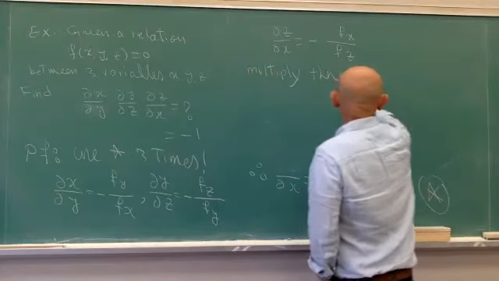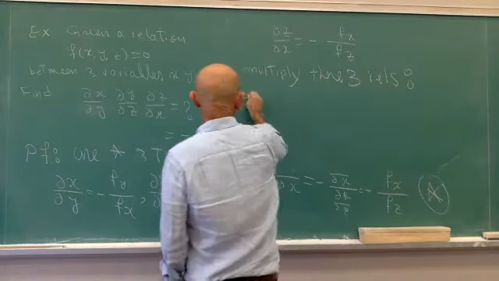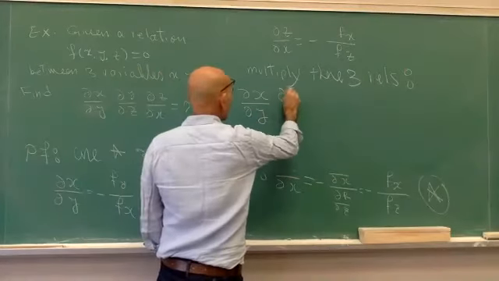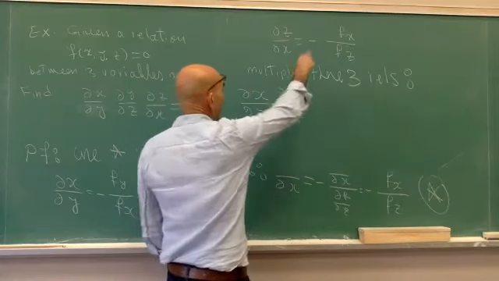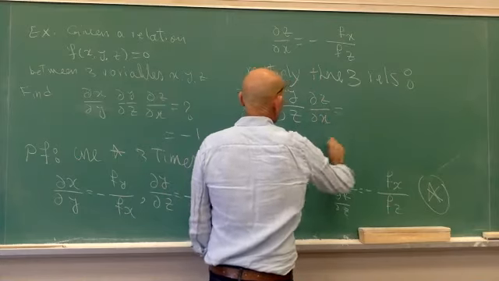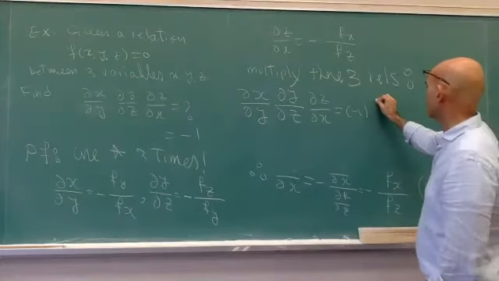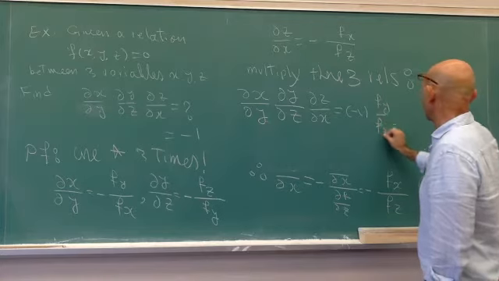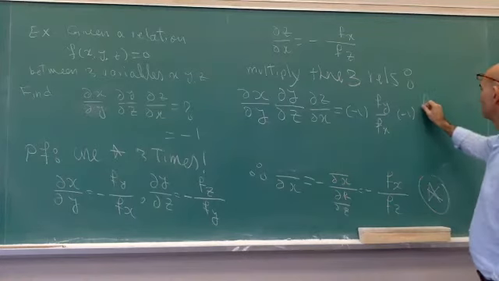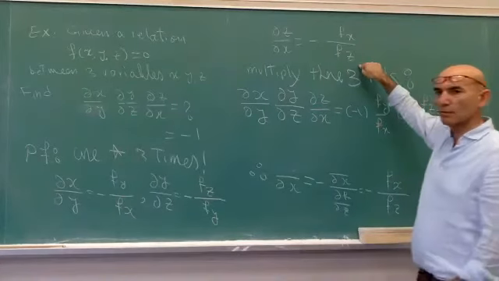Then we get dx/dy times dy/dz times dz/dx is equal to -1 times Fy over Fx, times -1 Fz over Fy, times -1 Fx over Fz.